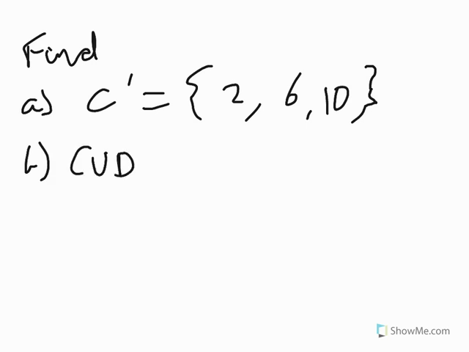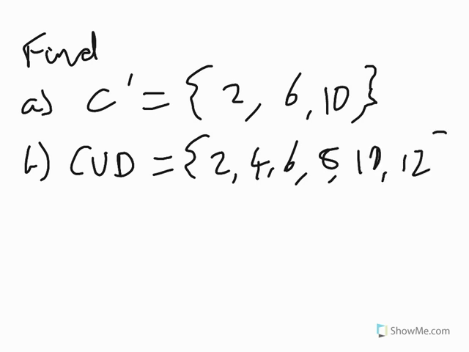Next, C union D. Union means it can be things in both of those. Put both of those sets together, and everything that's in that. So those numbers are 2, 4, 6, 8, 10 and 12. Now the number 12, we only write it once, we don't write it twice.